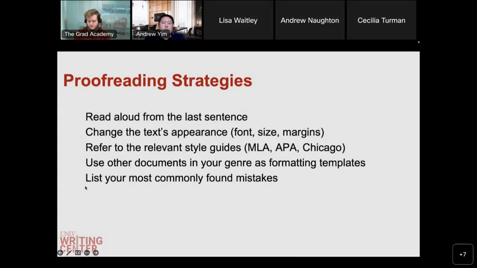And when it comes to proofreading strategies, this also can be aligned with the first two steps. You might consider reading from your last sentence up, so read backwards. Instead of reading from your topic sentence to the bottom, read from your concluding sentence up. You might also consider changing your text appearance.